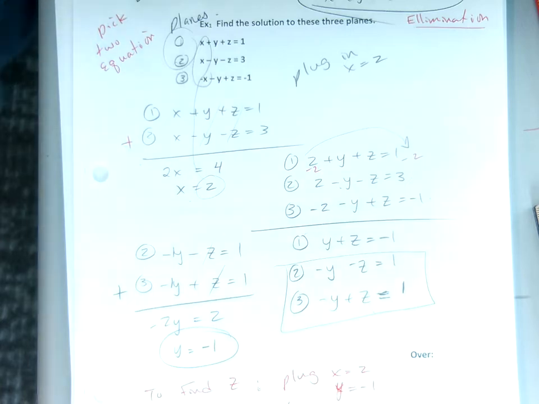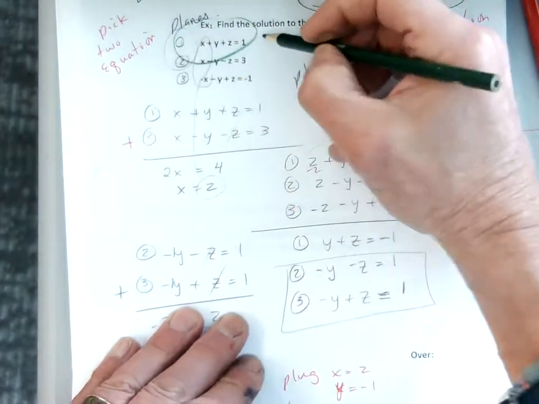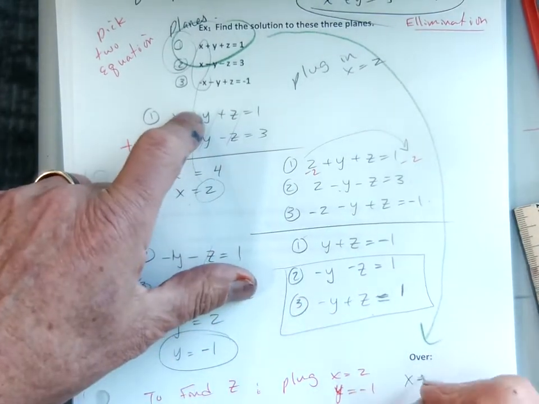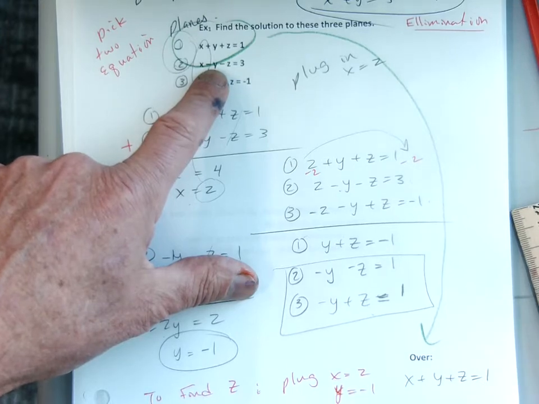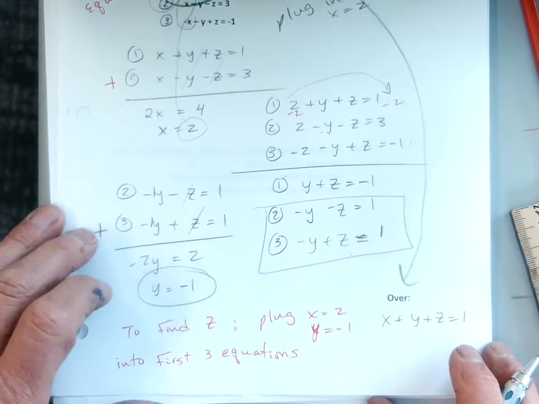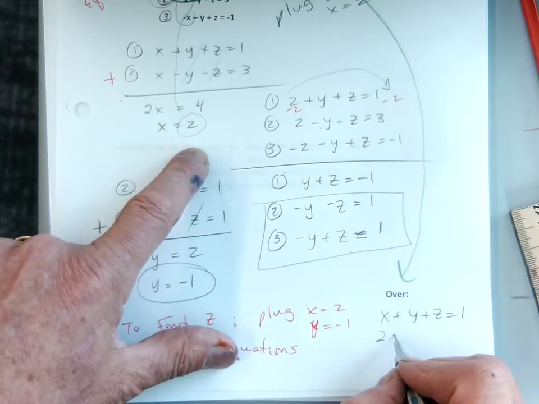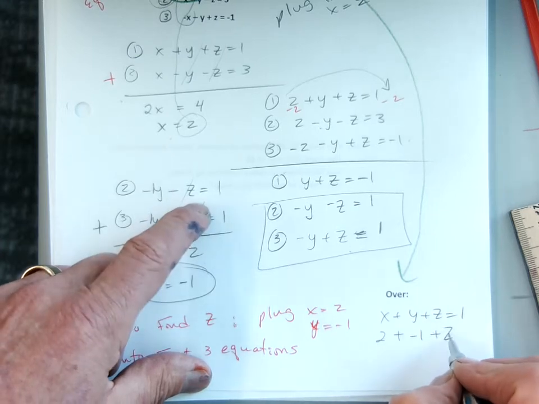Okay, so then I'm going to take, I like this equation right here. I'm going to go my x plus y plus z equals 1. I know x is equal to 2, y is negative 1, plus z equals 1.